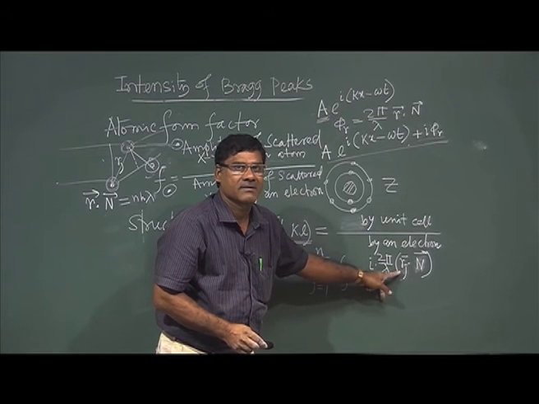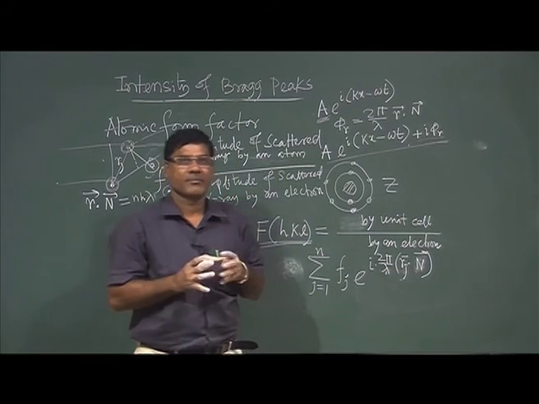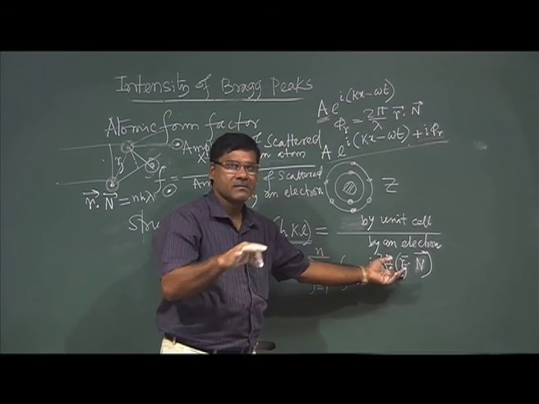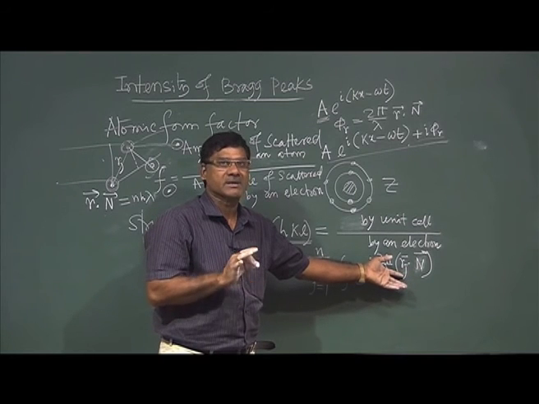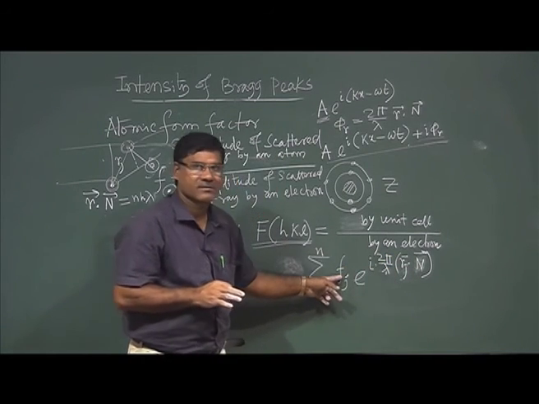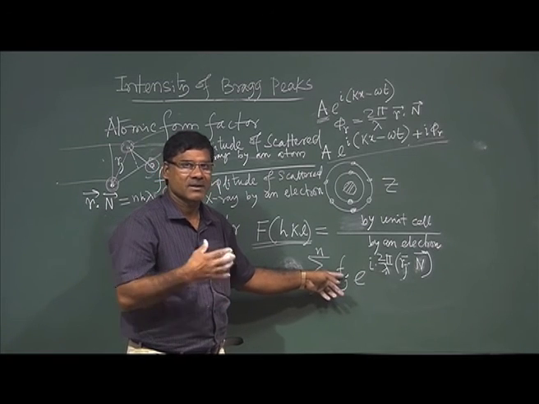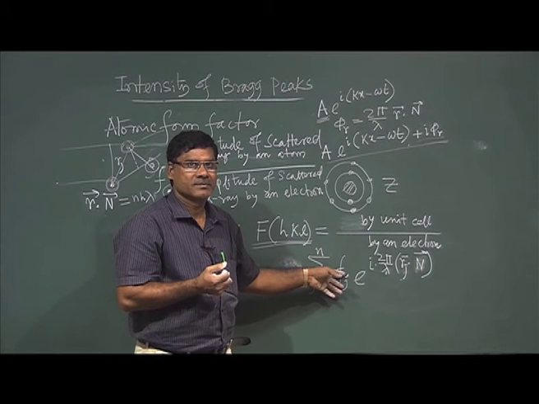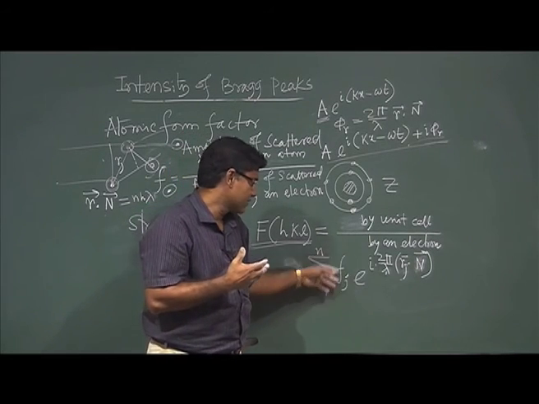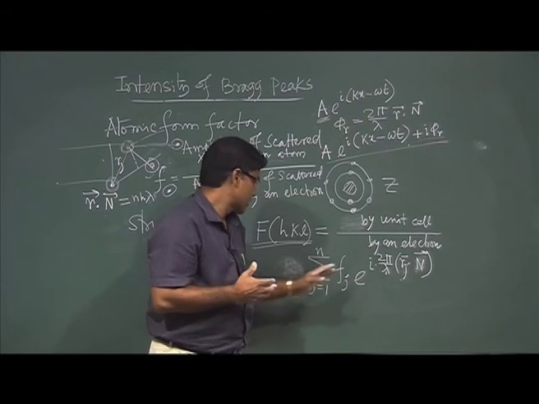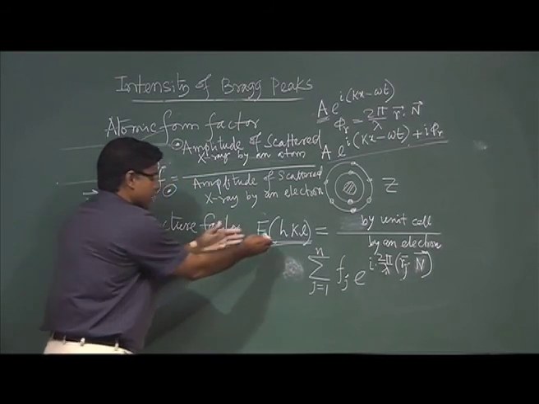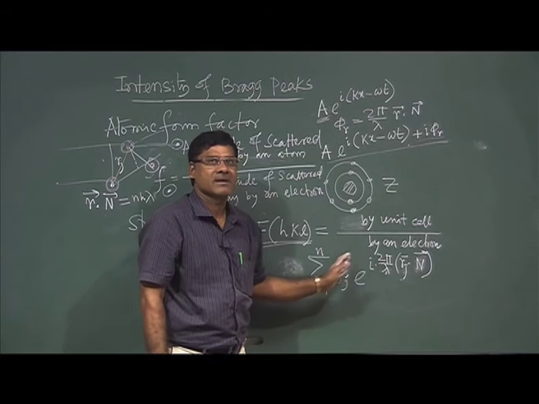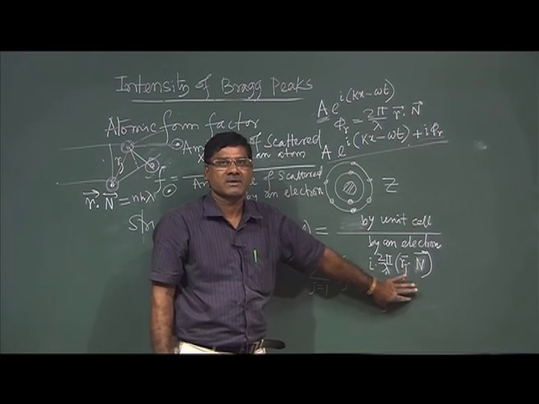From this factor you can see the distribution of the atoms in the lattice, in the crystal, in the unit cell, as well as the type of atom, since this value will be different. So it contains information about the type of atoms as well as the distribution of atoms in the unit cell.